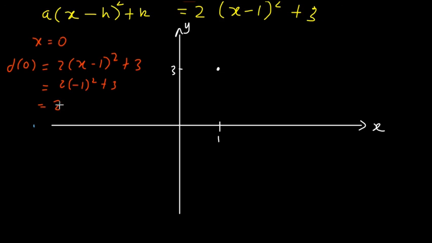So we have 2 plus 3, which is 5. So here at 5, that's where we have our intercept. So yeah, that's how you plot your graph.